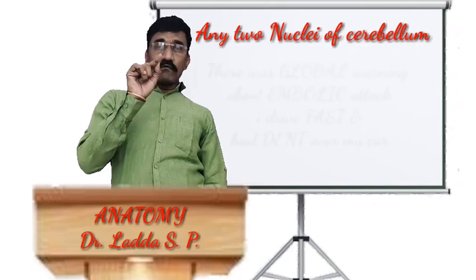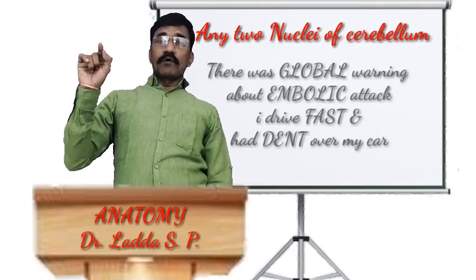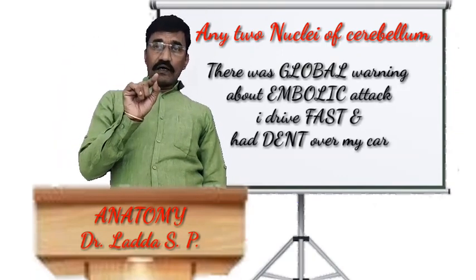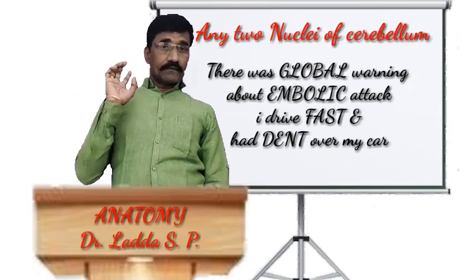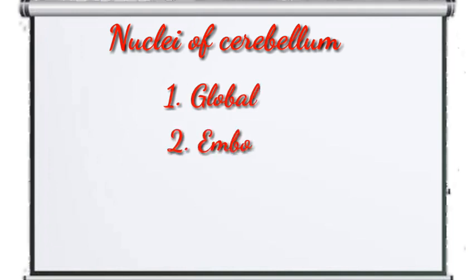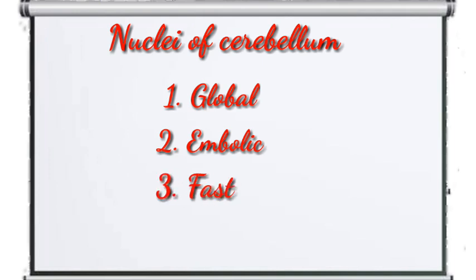So this is the small story, and this story helps you to remember the nuclei of cerebellum. There is global warning about the embolic attack. I ran fast and had a dent on my car. So take global, one word, then take embolic, second word, then take fast, third word, and lastly the fourth word is dent.